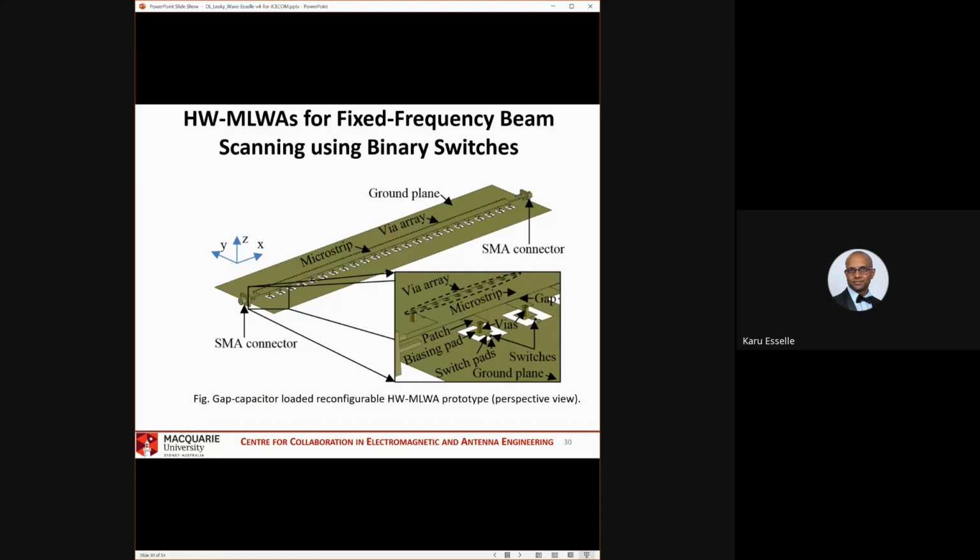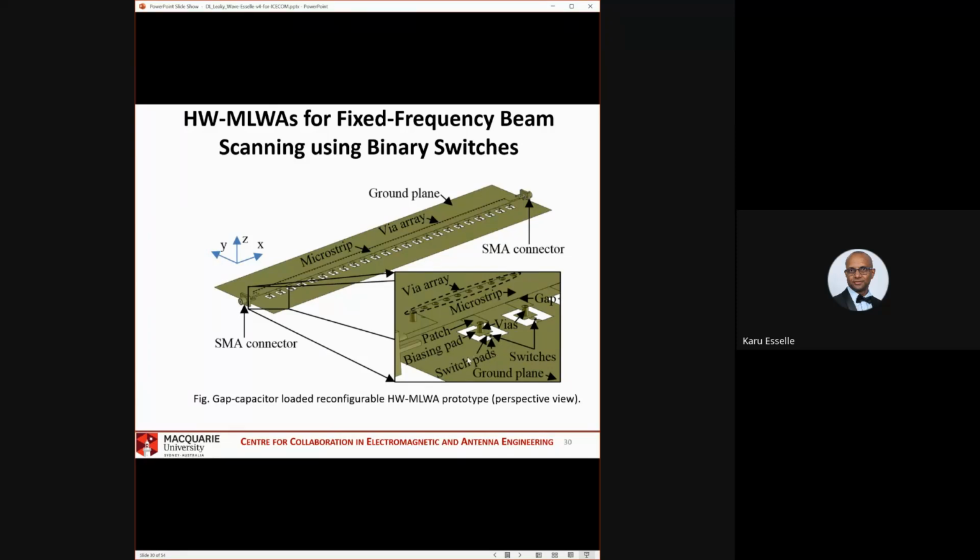Some more details here, the patch, and now you can see a via going from the patch down to the ground plane level, and this is the ground plane.